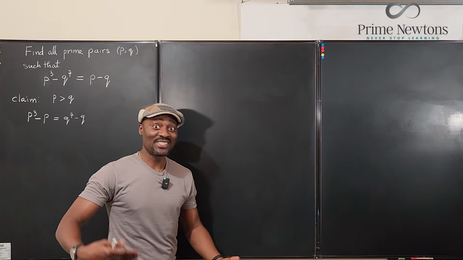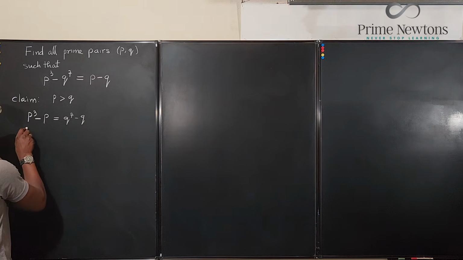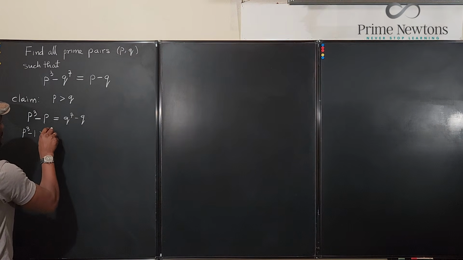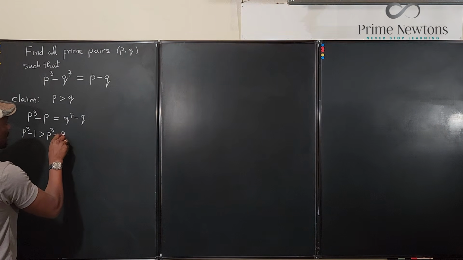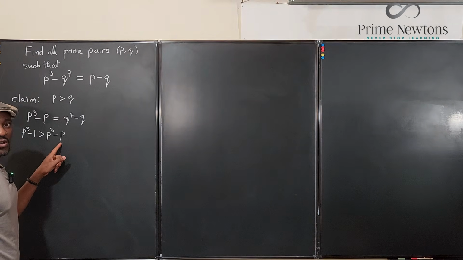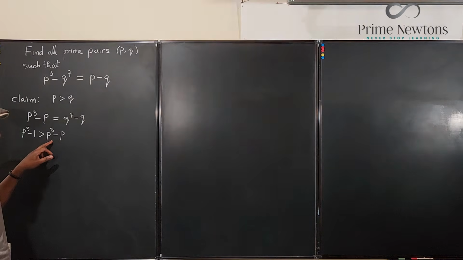And because P is greater than 1, P cubed minus 1 is greater than P cubed minus P. This makes sense. When you're subtracting less than what you're supposed to subtract, your answer is going to be bigger. So this is bigger than 1.